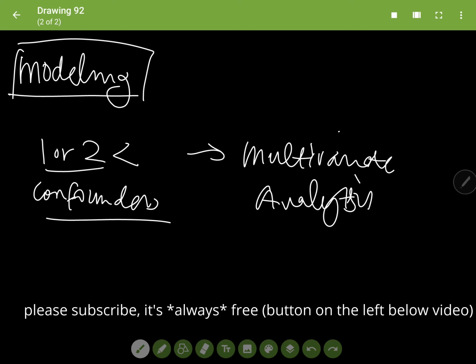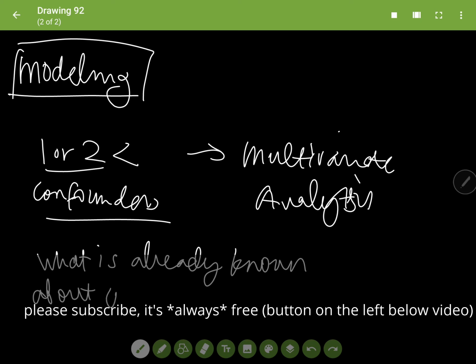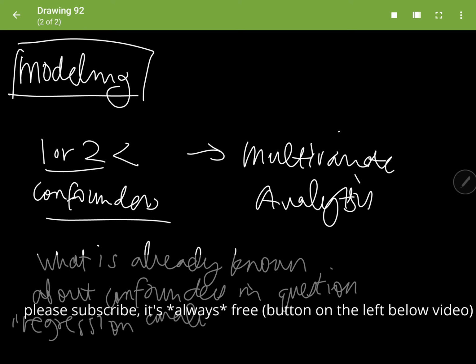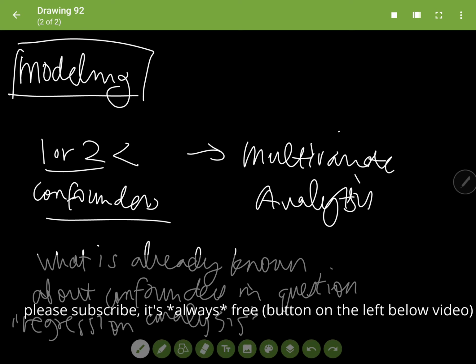An example is, in this you use basically what is already known about the confounders in question. And you use that to regress or do a regression analysis of the data for all of the confounders that you're looking at.